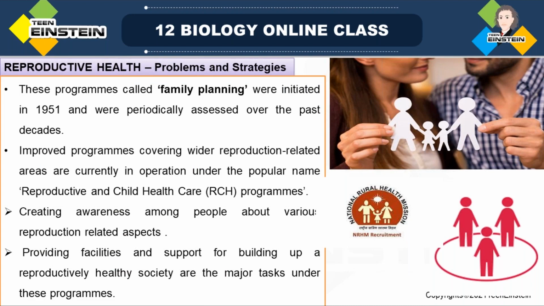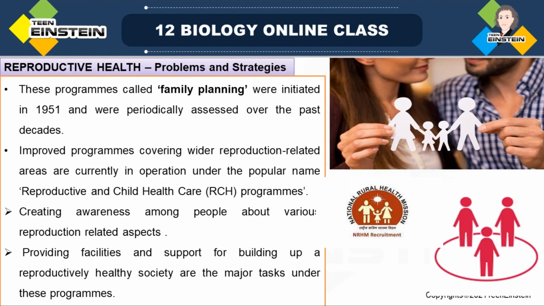Then all these programs to attain total reproductive health and total reproductive well-being, this is called family planning. So all these programs are together called family planning. Okay.